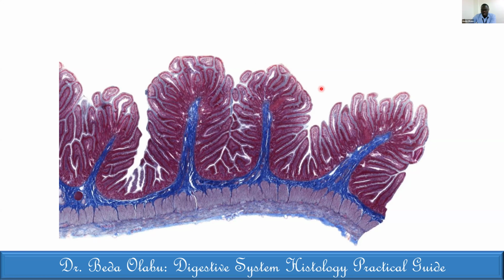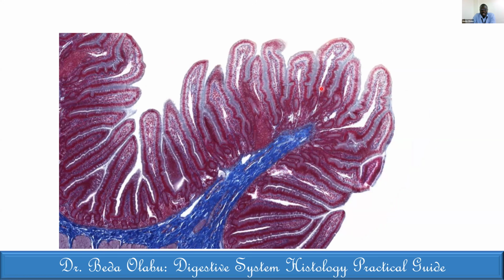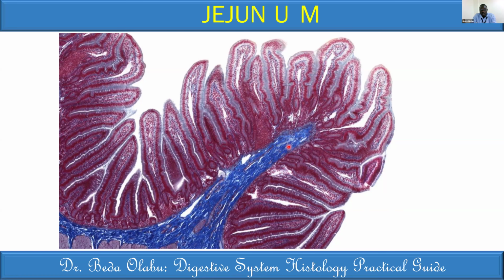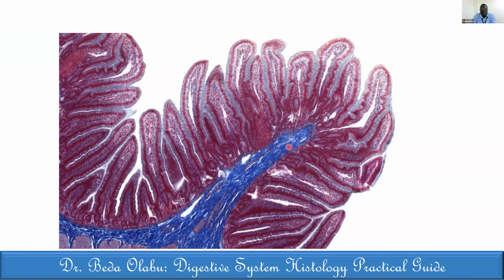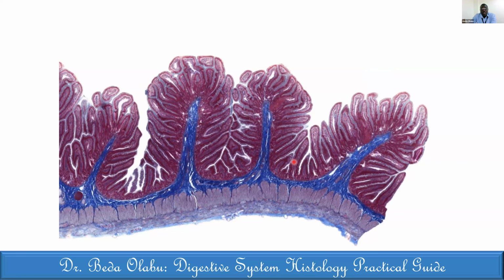This is a lower magnification, and that's a higher magnification. So you can still see the villi. That's one villus, that's another villus. It's a unique stain where the blue is representing collagen, connective tissue.